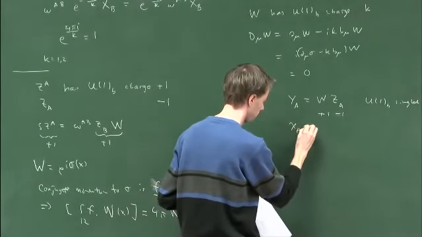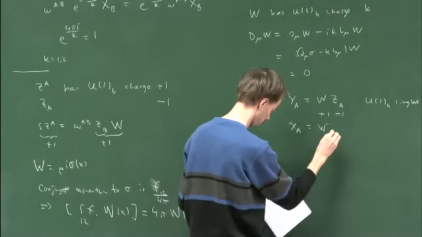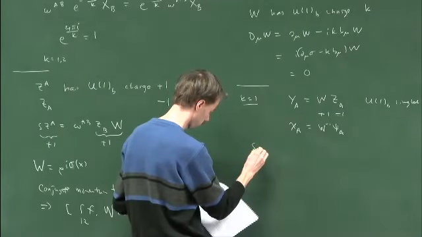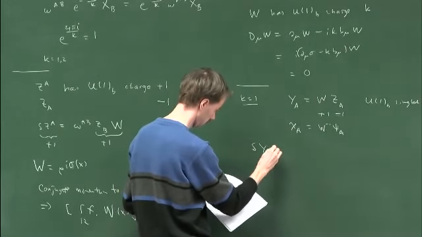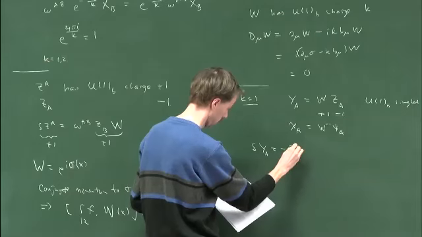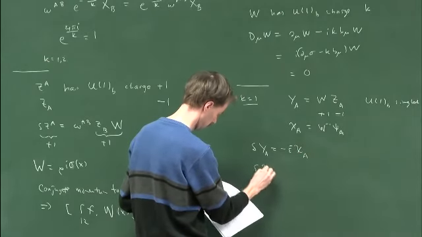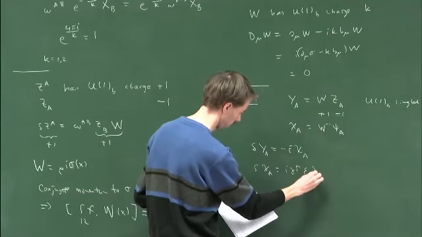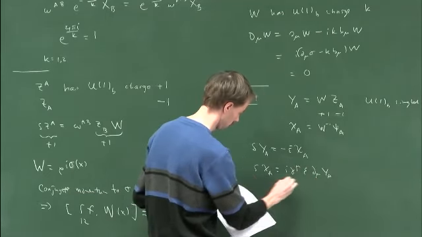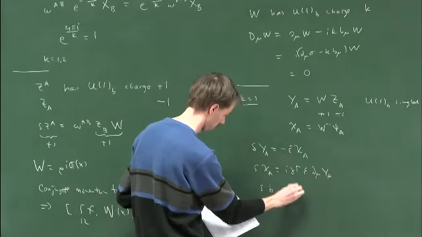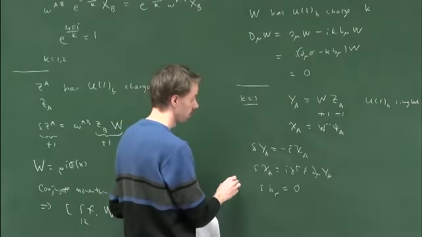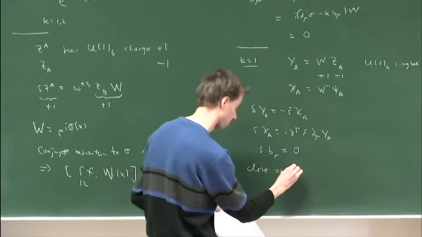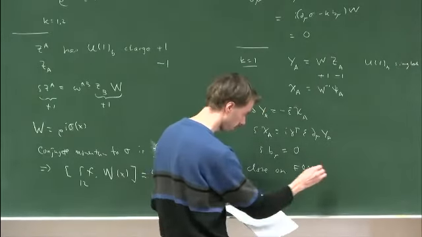And chi I is equal to, then the supersymmetry variations read, and they close on this equation of motion.